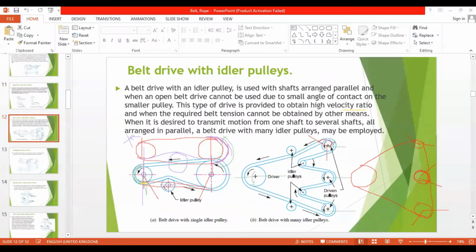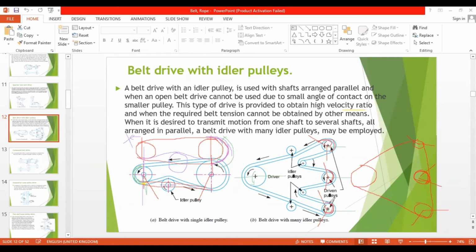This region is the angle of contact. And for this pulley, this is from here to here. For this pulley, again, it is from here to here. This is the angle of contact, right?